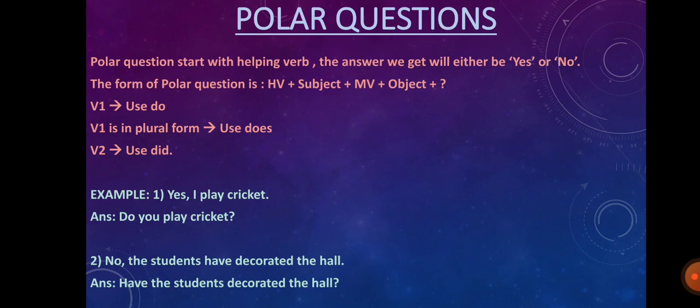So how we will write? Have the students decorated the hall? Here the helping verb is already given, have. Whenever helping verb is given in the answer, then we will begin the sentence with the helping verb. Okay, so I hope that you have understood about polar questions.